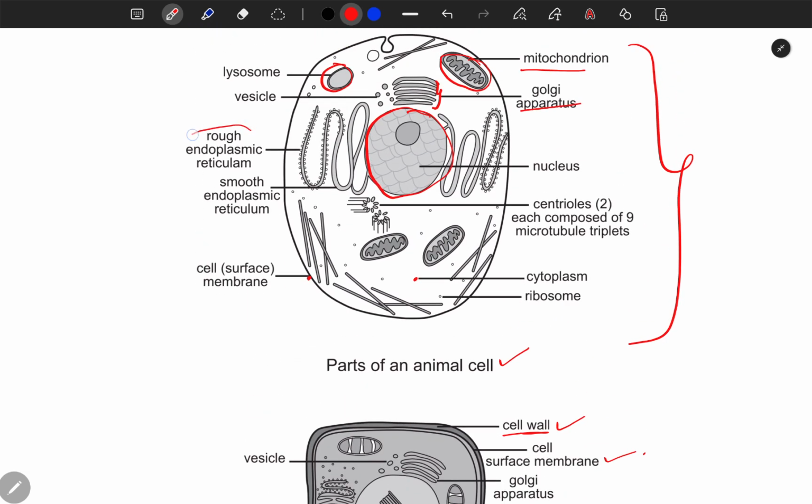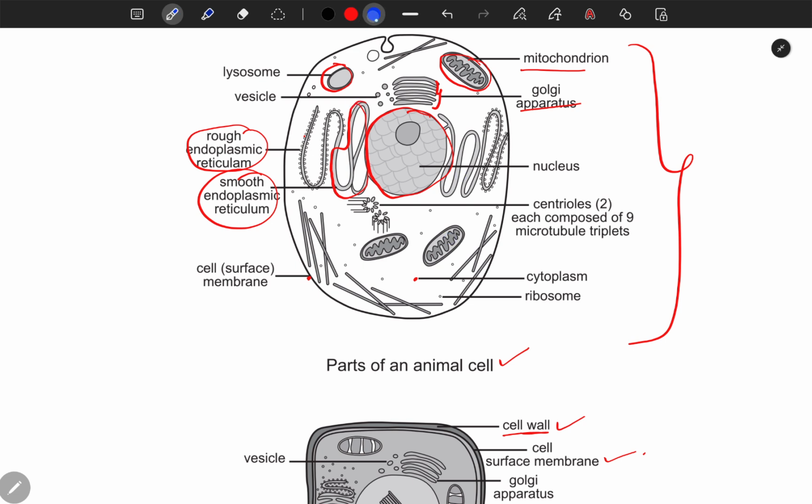By the way, there's also the rough and the smooth endoplasmic reticulum. The difference is that the rough endoplasmic reticulum has ribosomes attached to it. But the smooth one is smooth, and they don't have ribosomes.